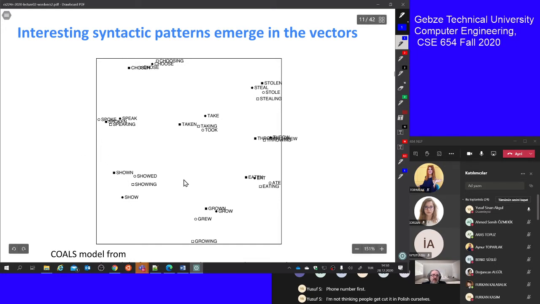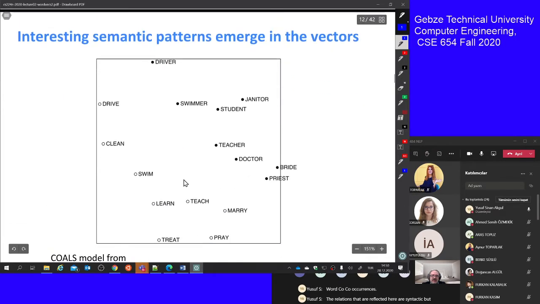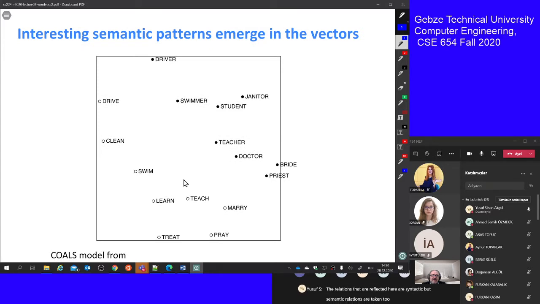Okay, so this is what you get when you do the word co-occurrences. The relations that are reflected here are syntactic, but semantic relations are taken too. As you see, teacher, doctor, bride, priest.